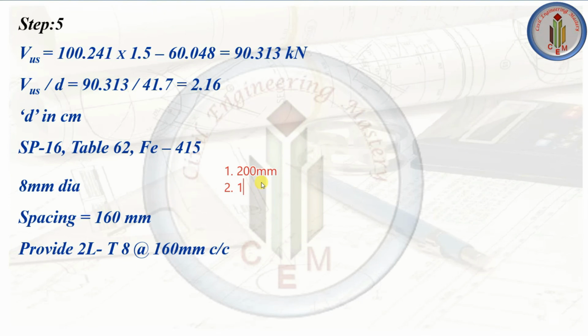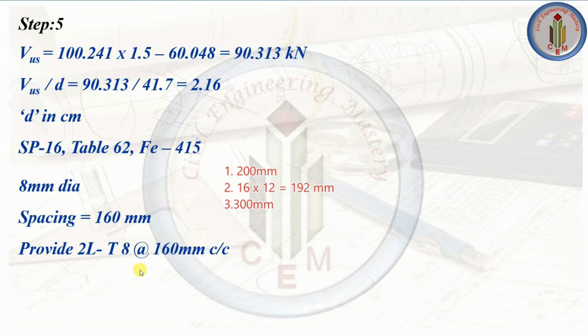The second is 16 times the smallest diameter of the longitudinal bar. We have the smallest diameter as 12 mm, so that is 192 mm. The third is 300 mm. We are providing 160, which does not exceed 200, 192 and 300. So the stirrup spacing we provided is within the limit.